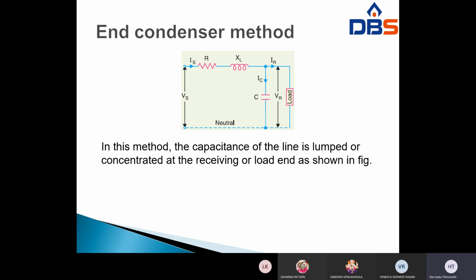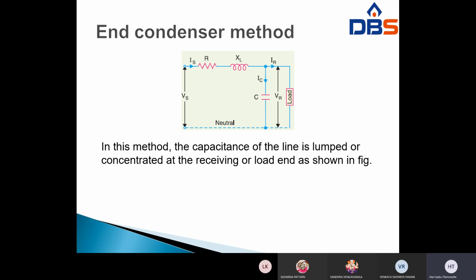Even though the end condenser method has some disadvantages, although this is a simple method to calculate the voltage drop and the efficiency for a medium transmission line, it is a simple method. End condenser method is a simple method. Even though it is simple, it has some limitations.